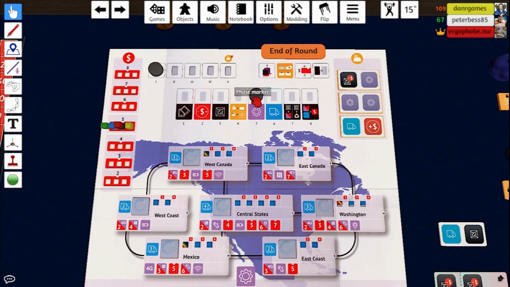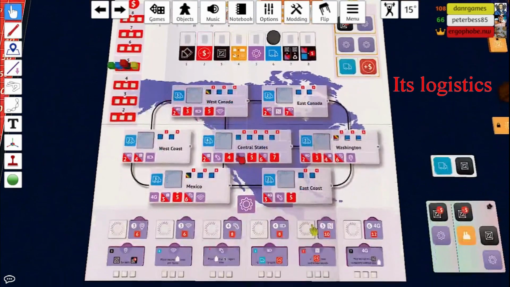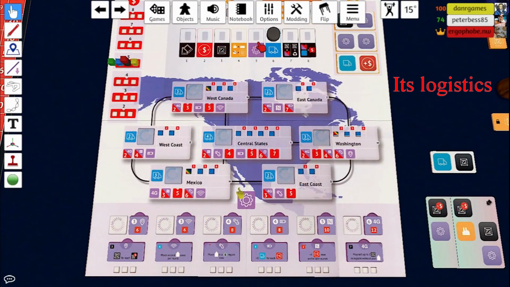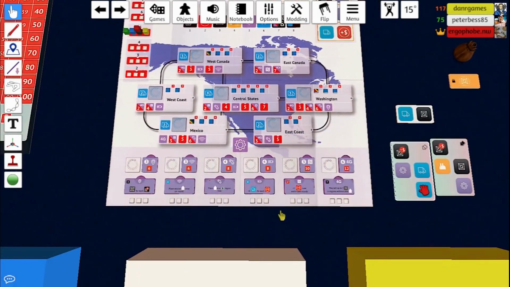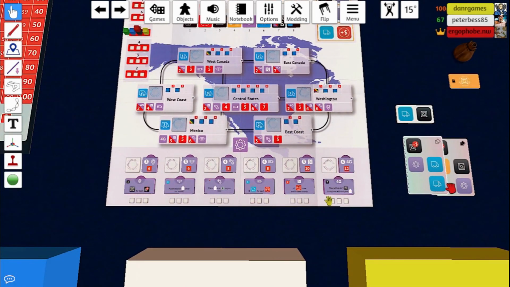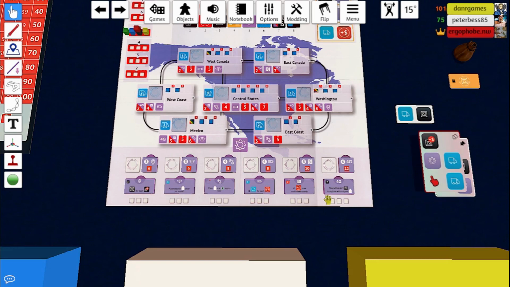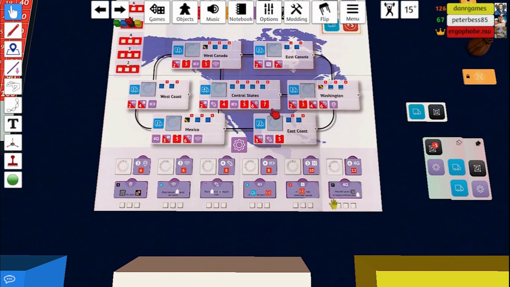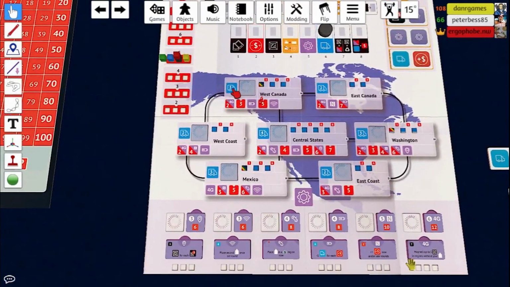Okay, so the next thing we need to talk about is expansion, or I don't remember the term they use, but basically expansion. So basically these blue symbols, however many you have, so in this case if I had done this, I'd have 2. And if you look at all these locations, they have numbers.